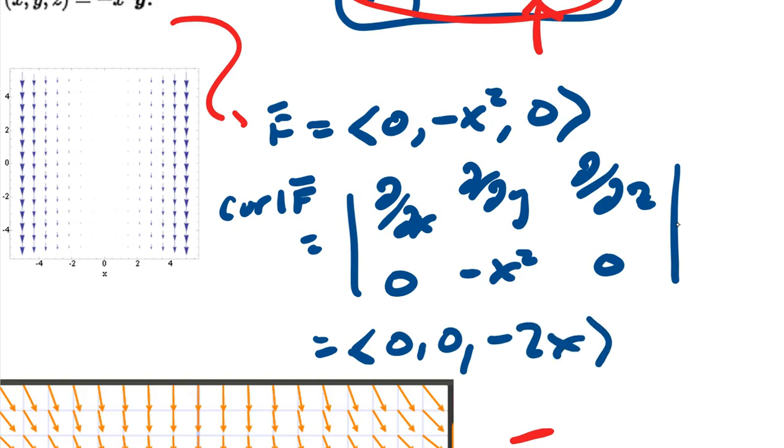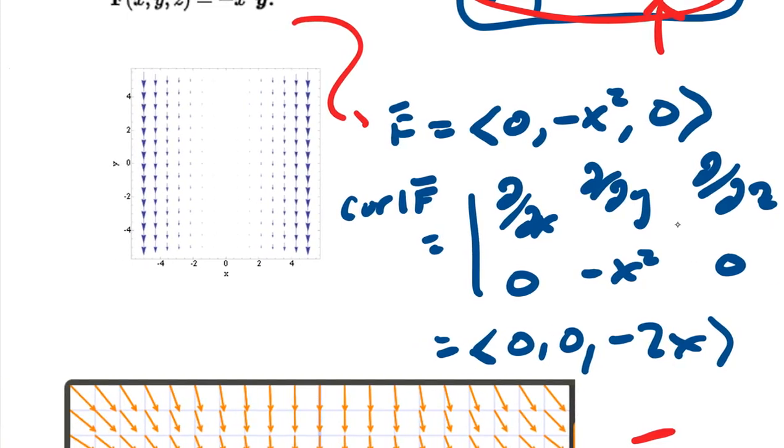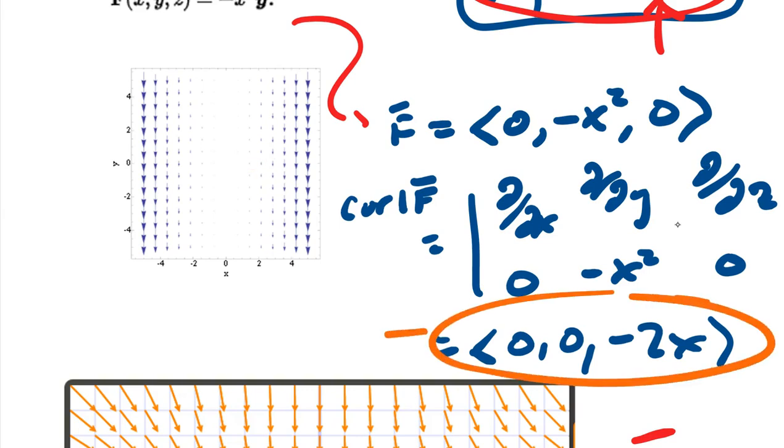So the curl's not 0 and it depends on x. The further out you go in the x direction, the more the curl is, and it's in the opposite of the x value there.